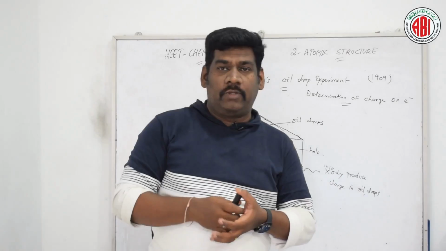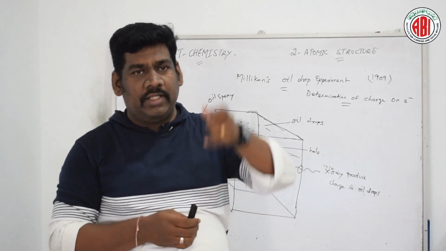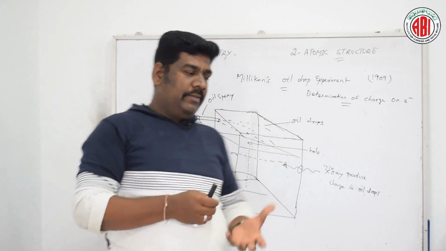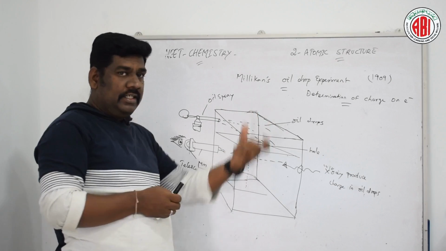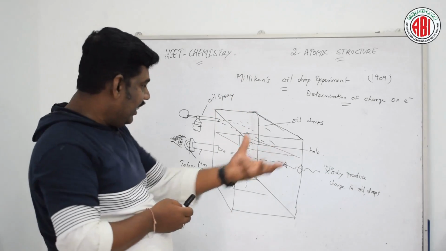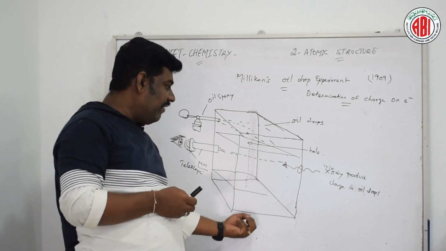Now the oil in the form of mist falls through the air under the influence of the gravitational force, because as we know, any object existing in the atmosphere is obviously attracted to the earth by gravitational force.